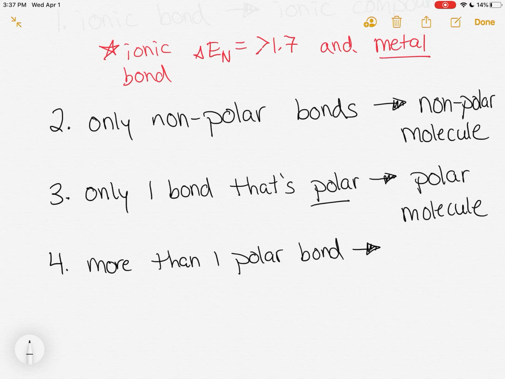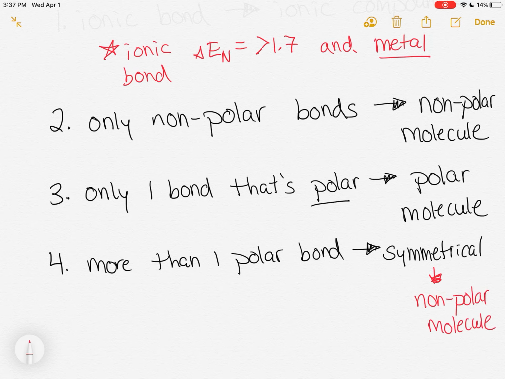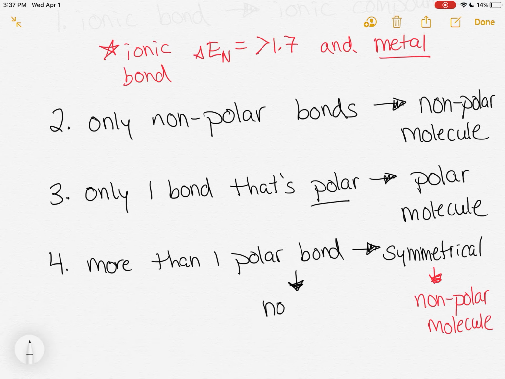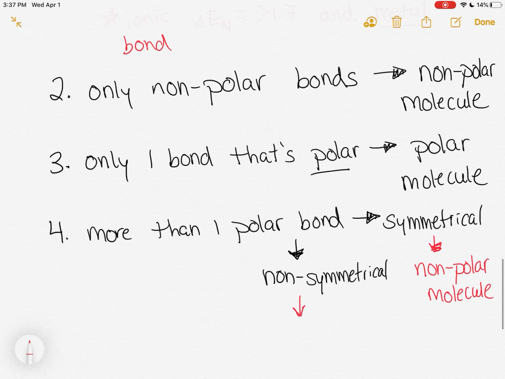Okay. In this situation, there are 2 options. If we have more than one polar bond and we're symmetrical, then we create a nonpolar molecule. But if we have more than one polar bond and we are non-symmetrical, then we have a polar molecule.